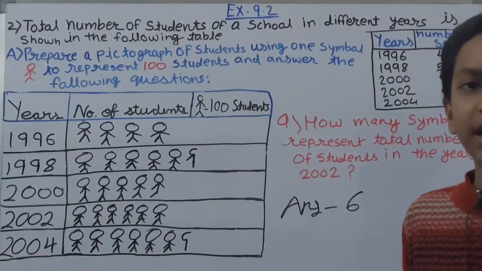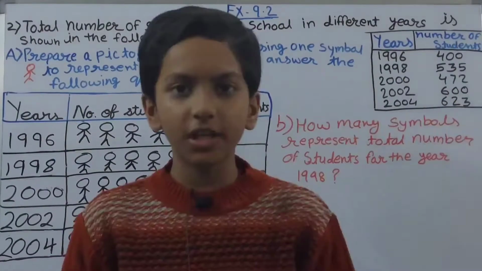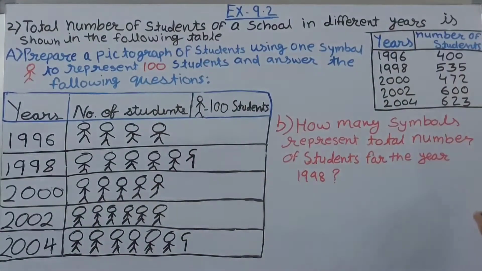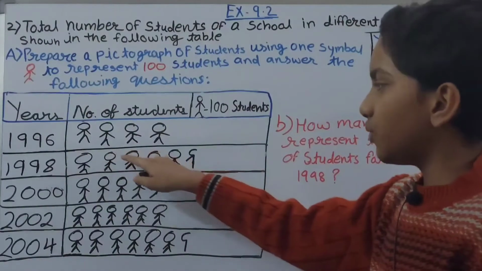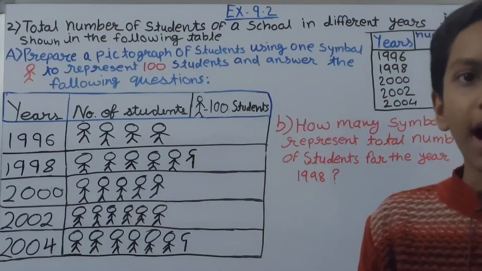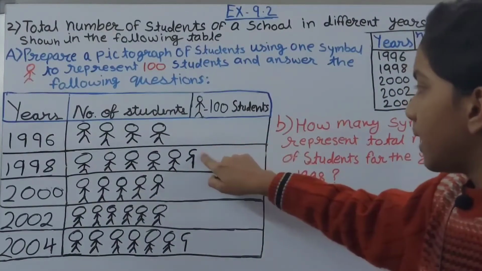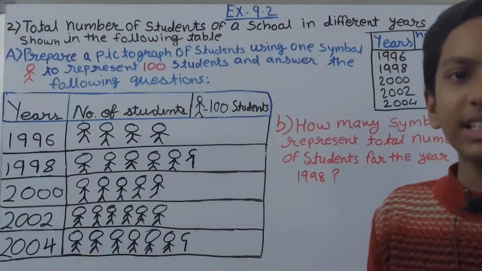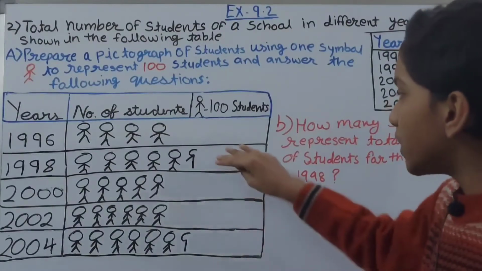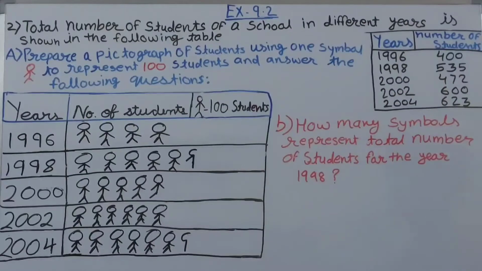Alright. And now friends, let's come to the next question. So this says, how many symbols represent the total number of students for the year 1998? So let us have a look. Here you can see 1, 2, 3, 4 and 5. 5 complete symbols are there, and this one is half, or you can even see this as incomplete because we have not made the complete symbol.